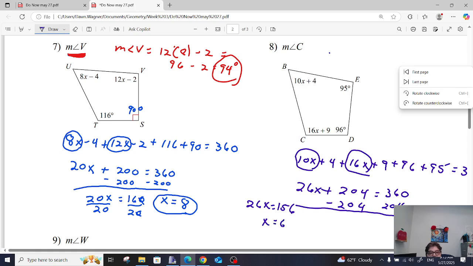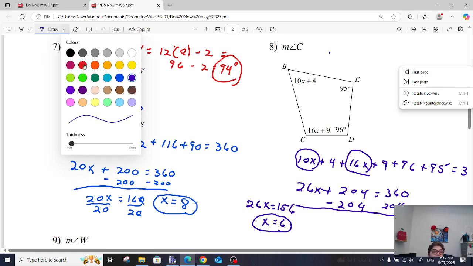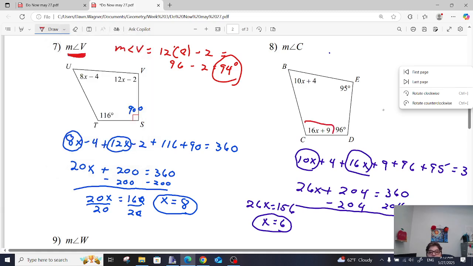But it doesn't want just x, it wants the measure of angle C. So I'm going to look for where angle C is, which is right here.